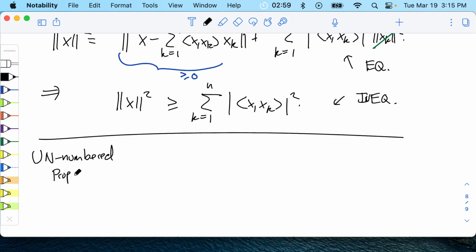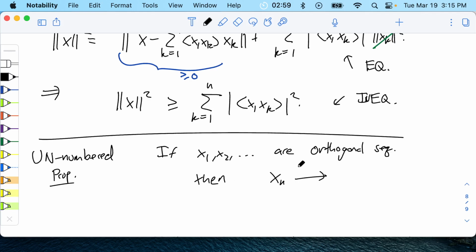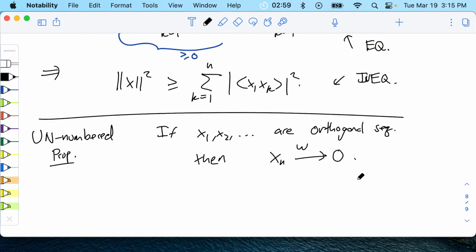Unnumbered proposition: if x1, x2, ... are an orthogonal sequence, then xn goes weakly to 0. And this answers the question we had about sine of nx. Sine of nx was an orthogonal sequence, and it goes weakly to 0. Why is that true? Here is the proof.